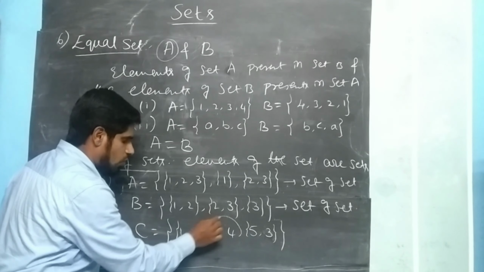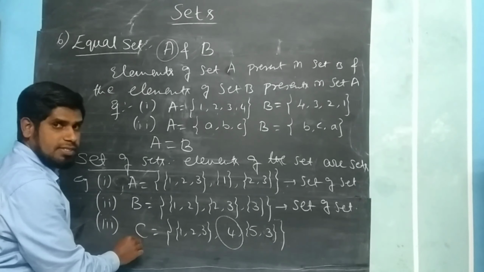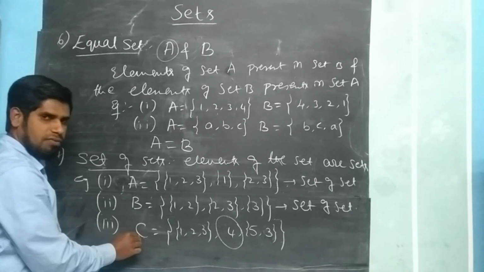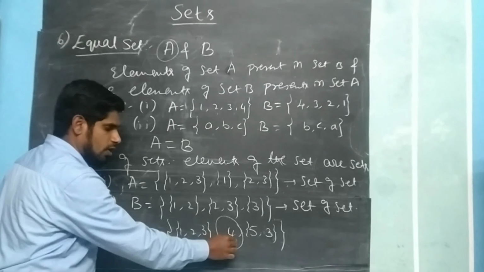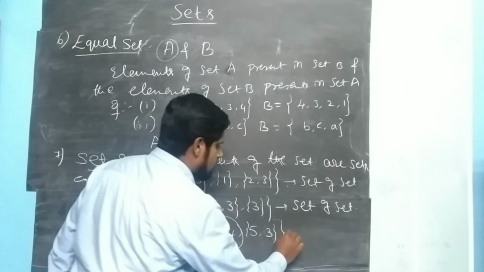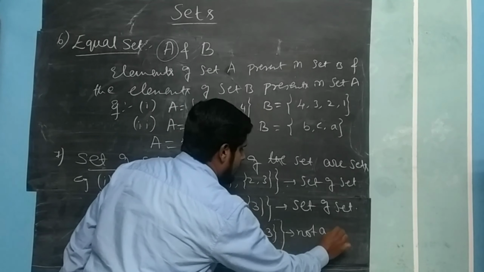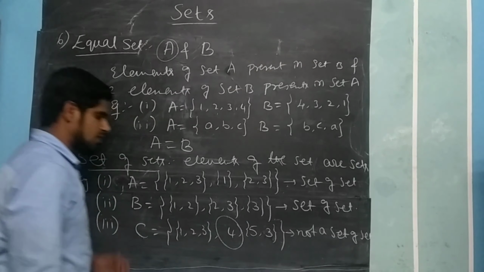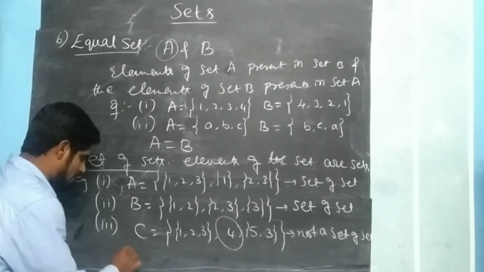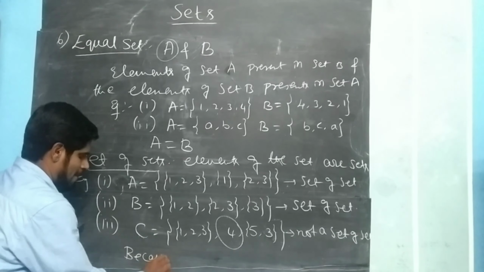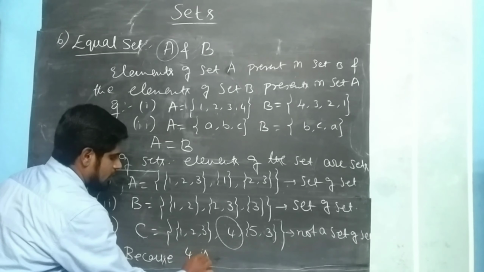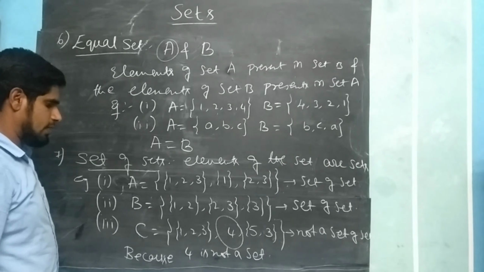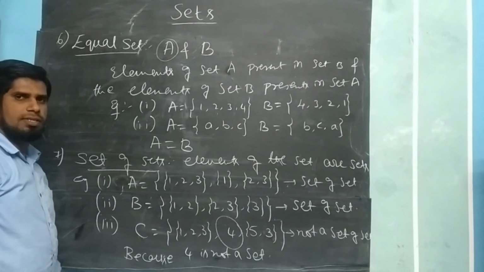But this 4 is just an element of C but not a set. Therefore, this is not a set of sets, because 4 is not a set. So this is about set of sets.